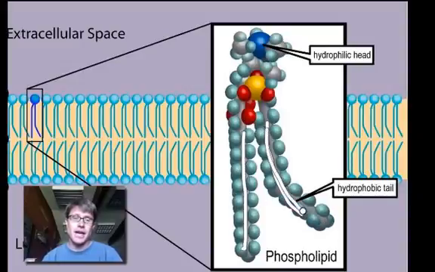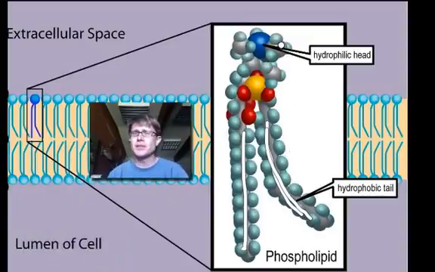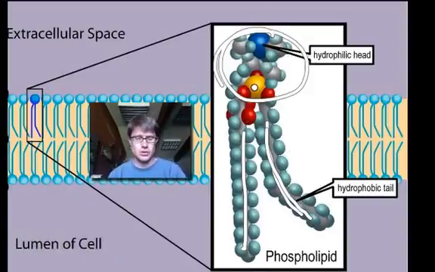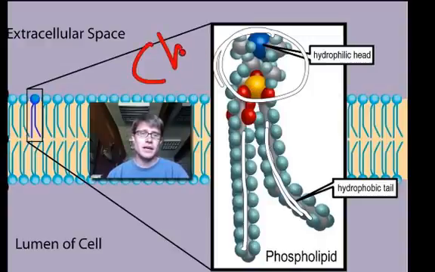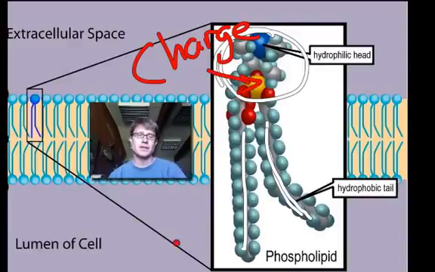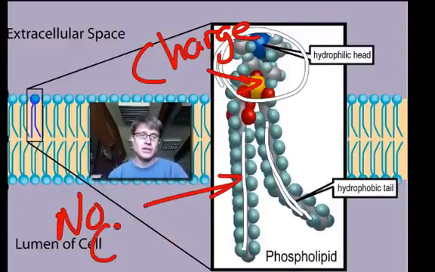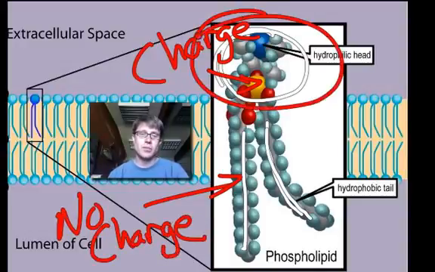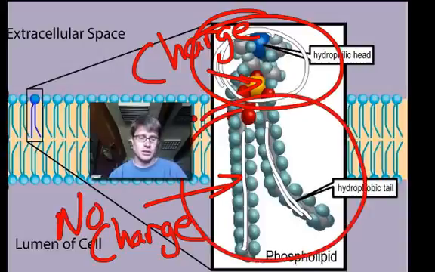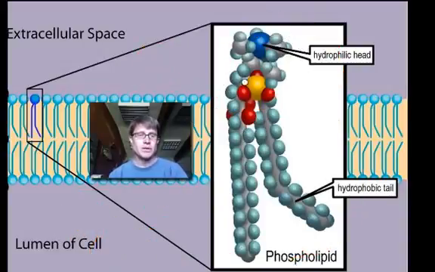That's half of the phospholipid, but what makes it different from other lipids is that it has a head that has a charge to it, as a result of the phosphate group. So the head has a charge, and there's no charge on the inside. Another way to think about that is the head is polar and the tail is nonpolar. So what does that mean?